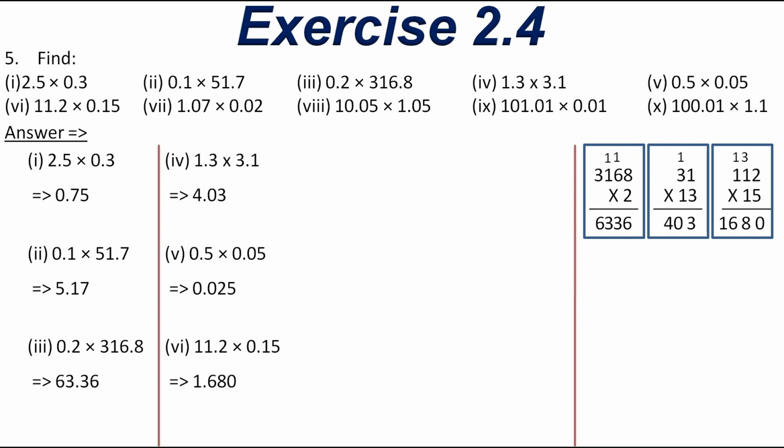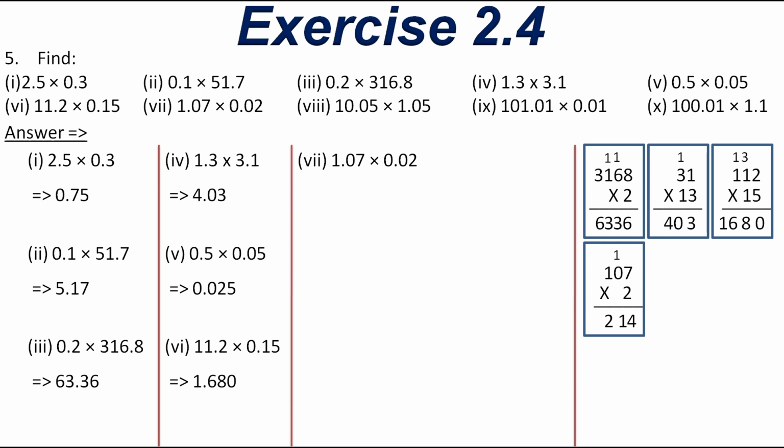Okay. Now in the next one we have 1.07 into 0.02. Now forget the decimal points and just multiply 107 into 2. 2 7s are 14, 2 zeros are 0 plus 1 is 1, 2 1s are 2. So I got the answer as 214. Okay. Now here in the first number we have 2 digits after decimal point.